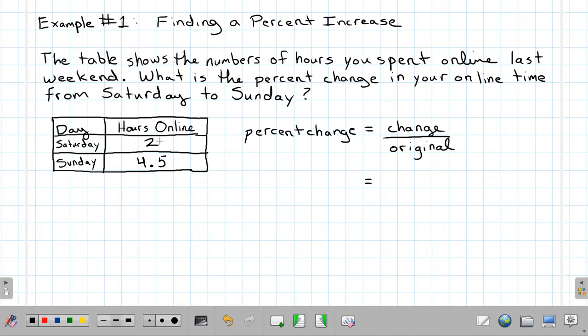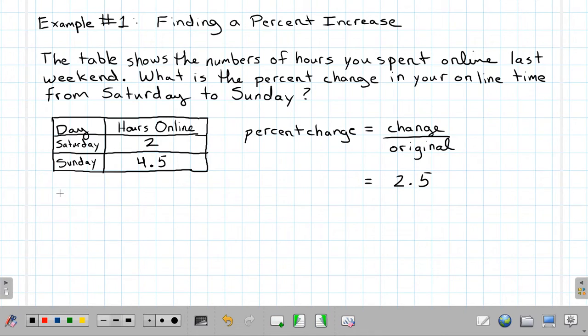We have to look at how much the number changed from Saturday to Sunday. It went from 2 to 4.5, which tells us the change is 2.5.